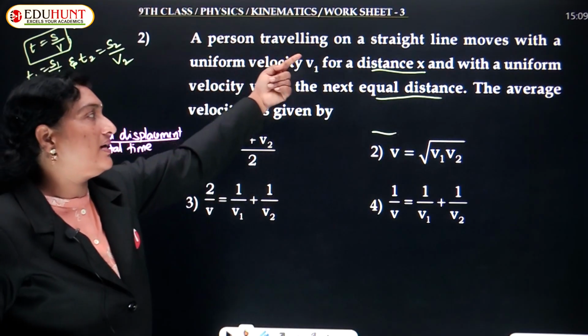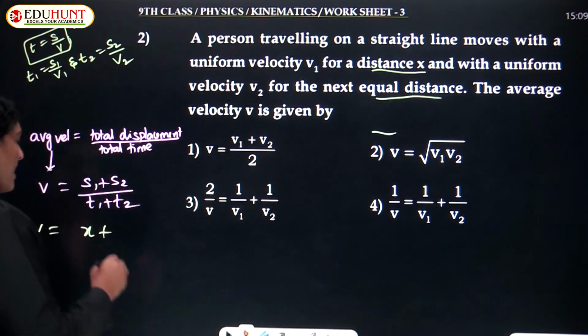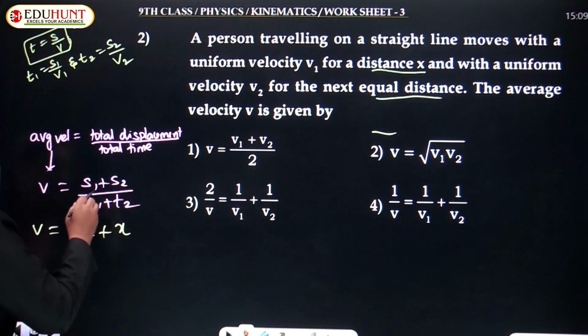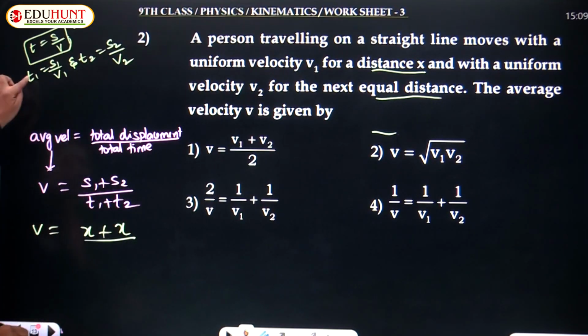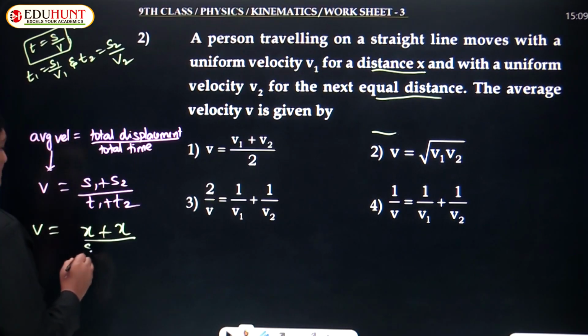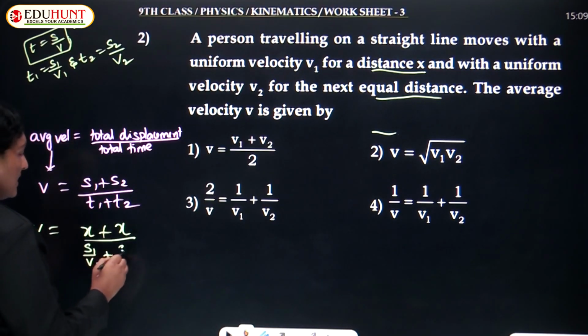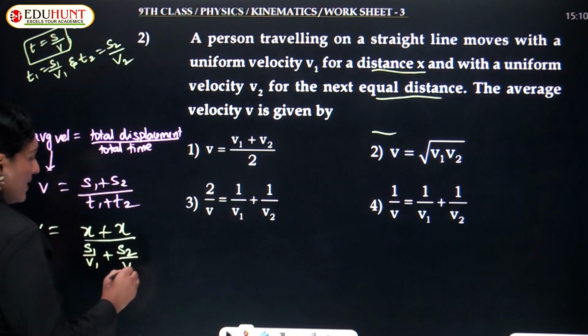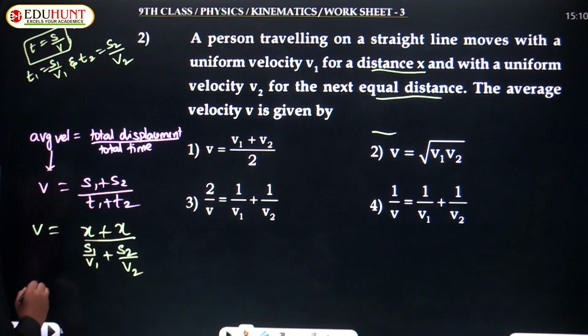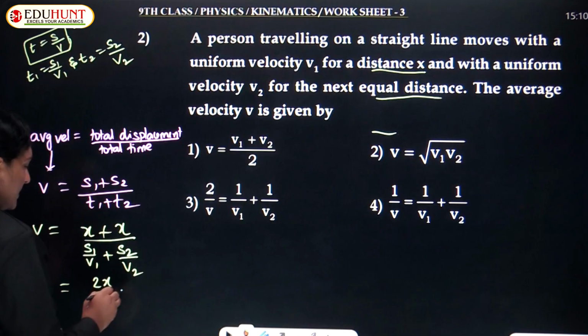If earlier it is considered x, next also you have to consider it as x. S1 is x and S2 is also equal to x. Instead of T1, I have to replace it with S1 by V1 and T2 with S2 by V2. Therefore, average velocity is given as x plus x, which is 2x.